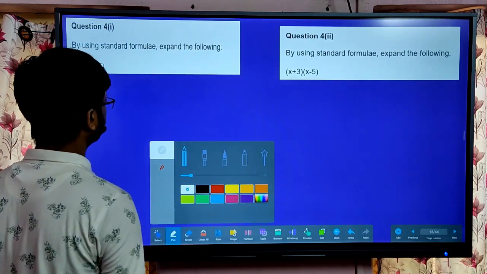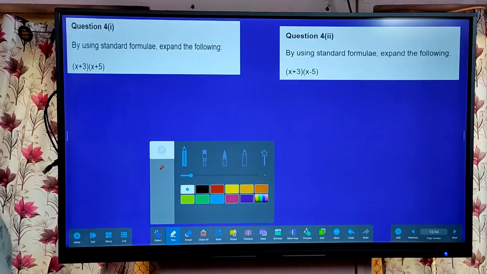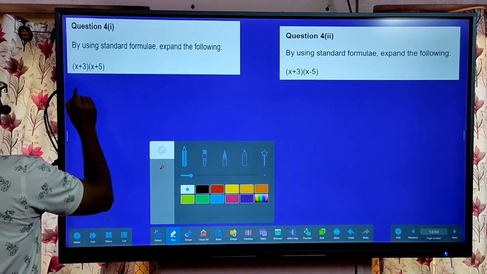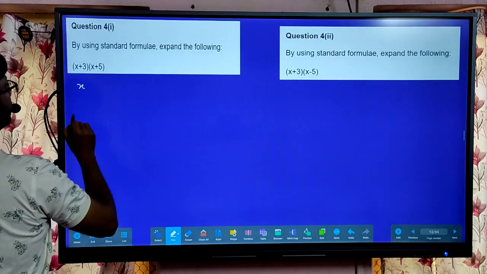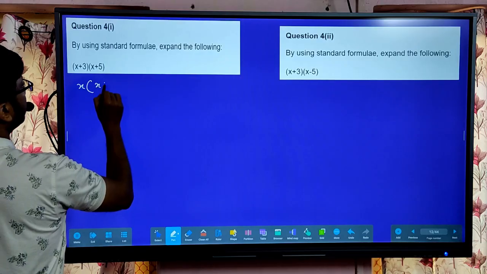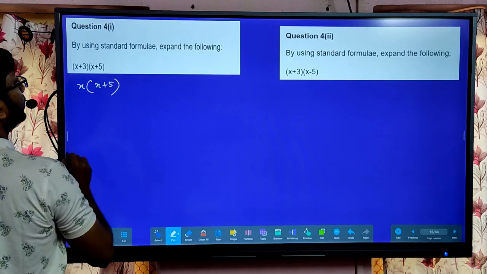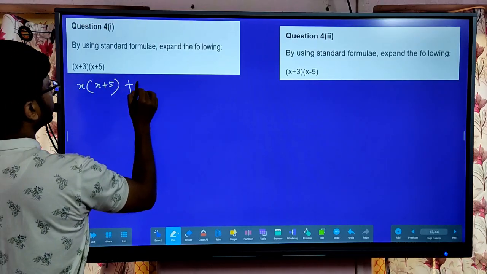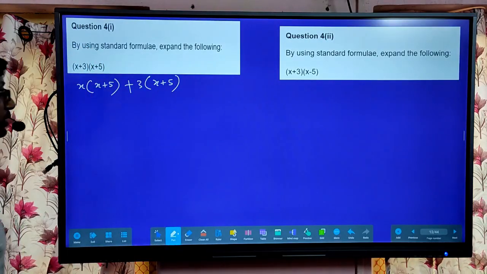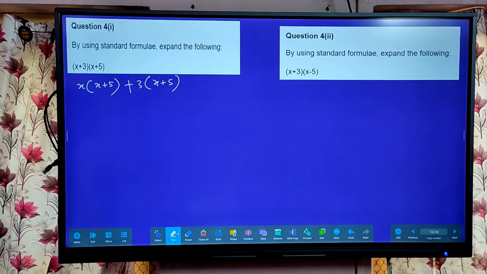Now in class 7 you have learned this kind of multiplication. How did you used to do it? You used to write the first term x over here, and this entire term x plus 5, again this is plus 3 into again x plus 5. So like this you used to do in class 7. It is x square plus 5x plus 3x plus 15 like this.